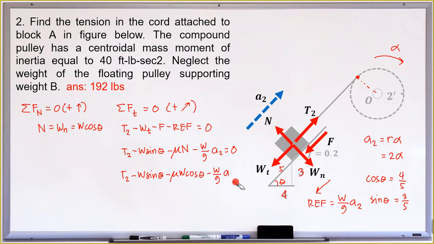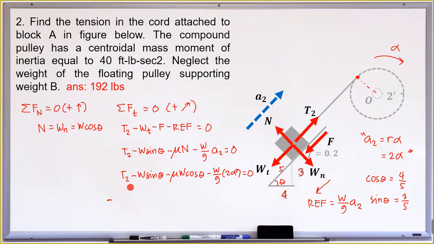We substitute 2 alpha, because a2 equals 2 alpha. Next, we rearrange. First is alpha, so we have negative the weight.